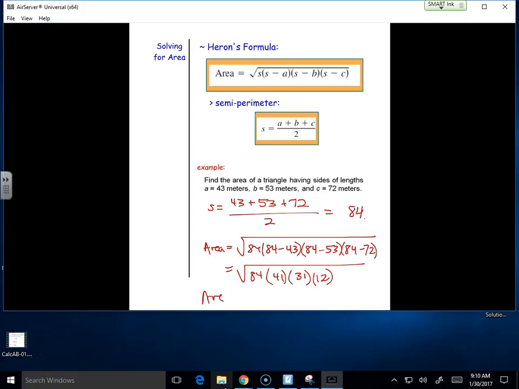What do you guys get as your area? 1,131.887 meters squared. 877? 1,100. Was 877 there? Yes. And then why am I putting meters with a squared? 887.